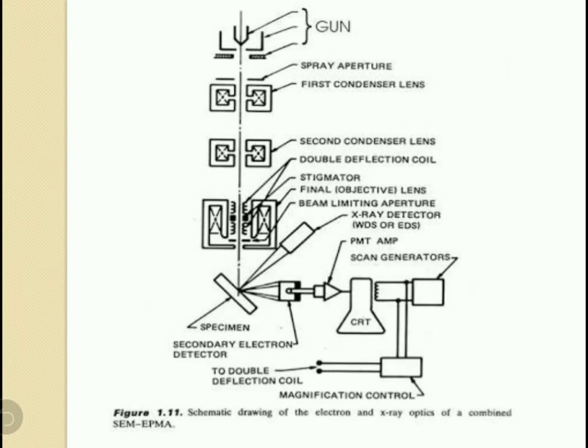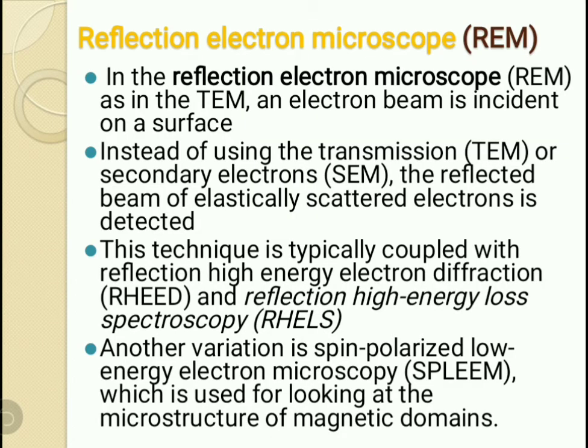Now we see the next type is the reflection electron microscope. As in TEM, the electron beam is incident on the surface. Instead of using transmitted or secondary electrons, the reflected beam of elastically scattered electrons is detected. This technique is typically coupled with reflection high energy electron diffraction and reflection high energy loss spectroscopy.